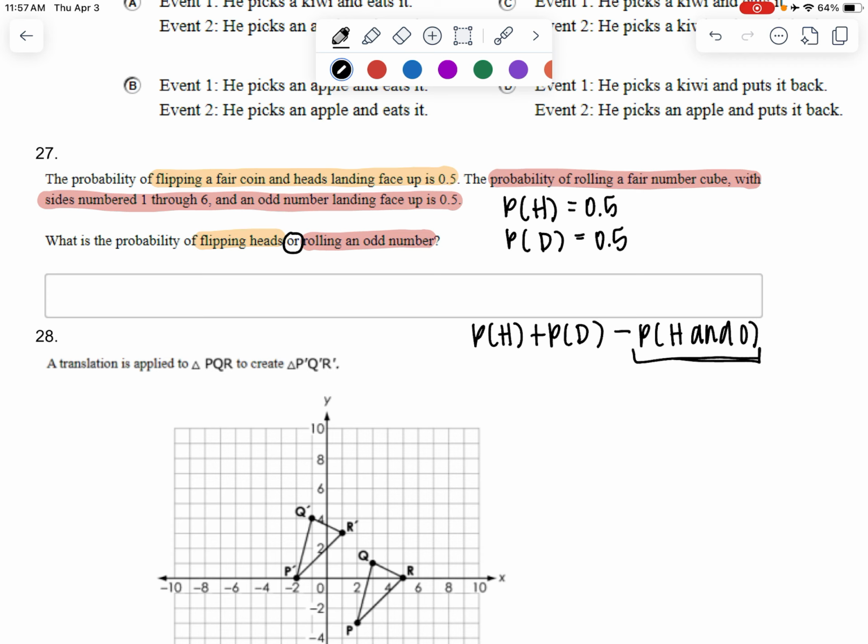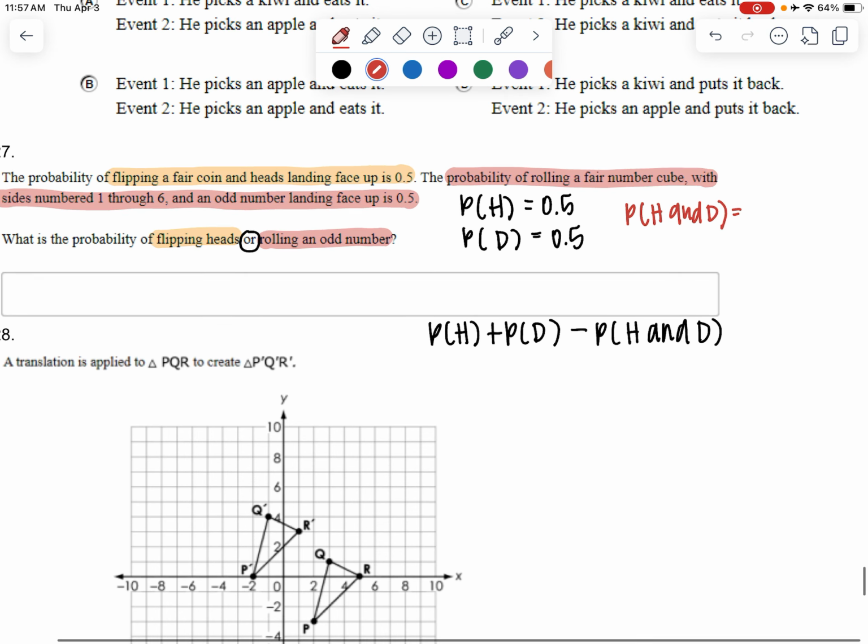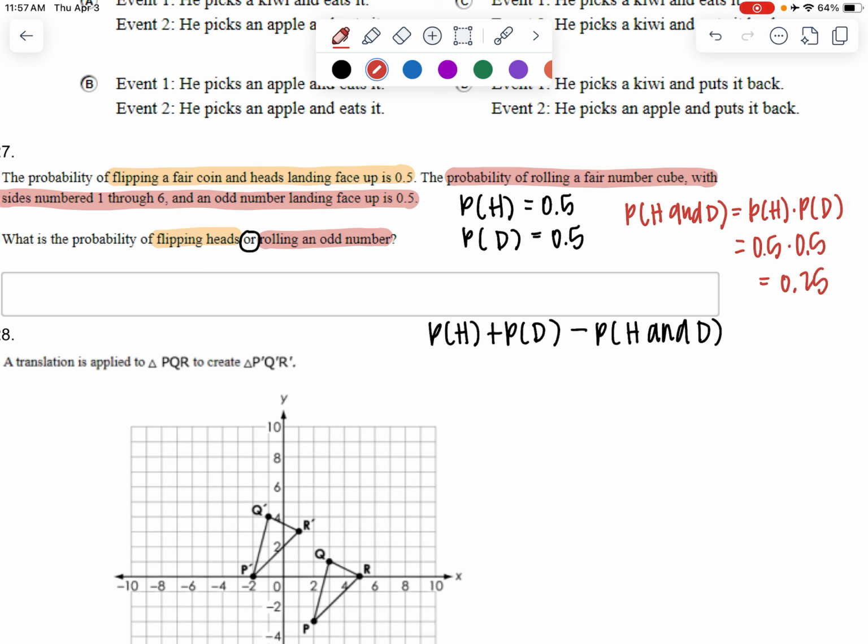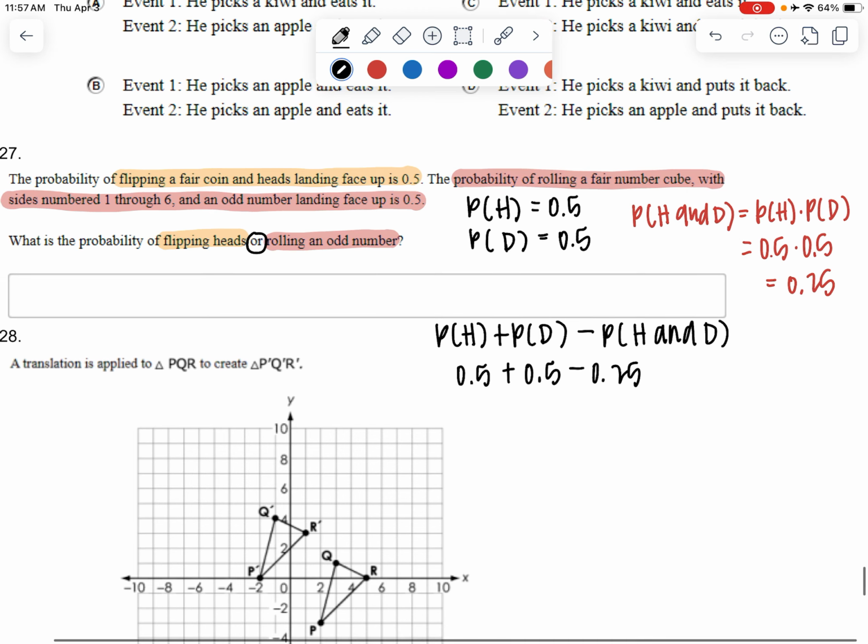To find the probability of heads and odd, which I used as a D before, I'm going to do the probability of heads and odd is equal to the probability of heads times the probability of odd. So that's going to be 0.5 times 0.5, which is 0.25. So we have 0.5 plus 0.5 minus 0.25. And you should be able to calculate that to get your answer.